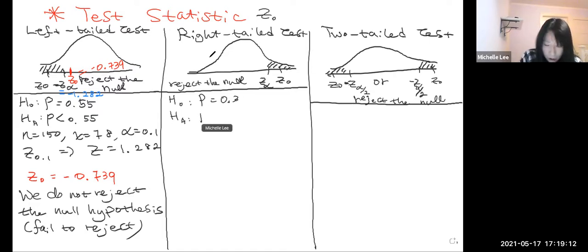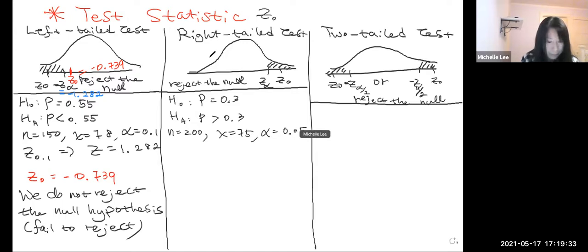So p, which is the population proportion, is greater than 0.3. Now, we use n equal to 200, x equal to 75, and alpha, which is the level of significance, 0.05.